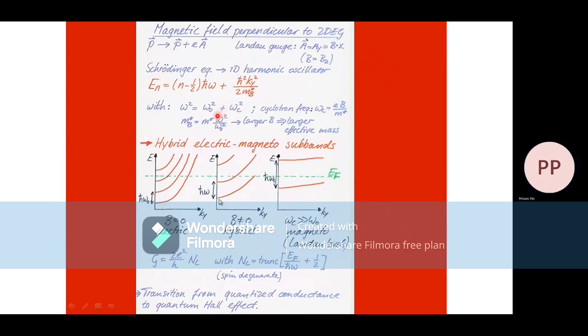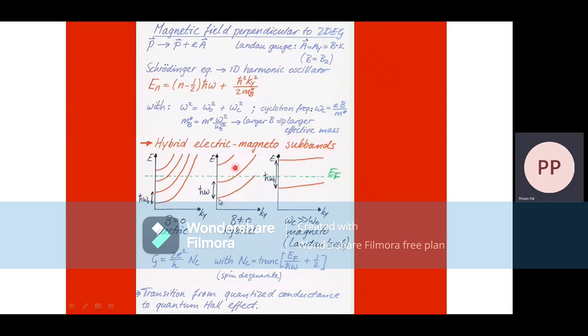So this magnetic field induced motion of electrons adds an energy scale to the harmonic oscillator, right? And makes the energy levels spaced by a larger distance.